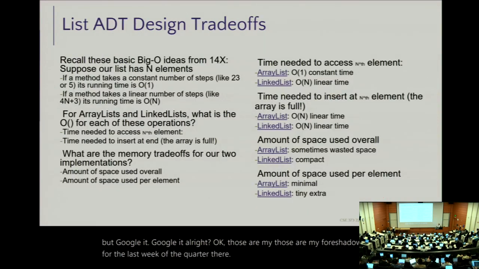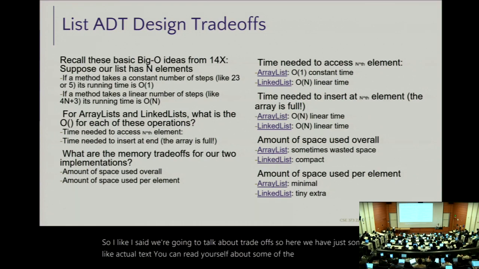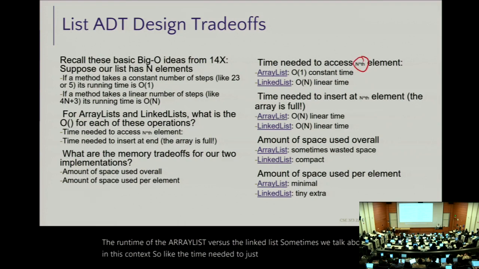Okay, so like I said, we're going to talk about trade-offs. Here we have some actual text you can read yourself about some of the trade-offs we just discussed. If we're talking about the runtime of the array list versus the linked list, sometimes we talk about it in this context: the time needed to just access a certain element.